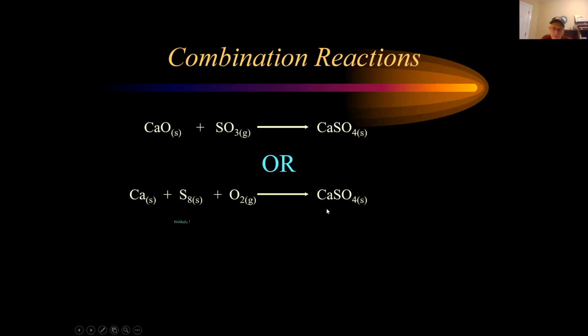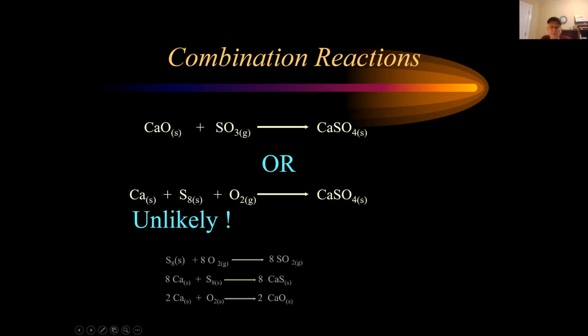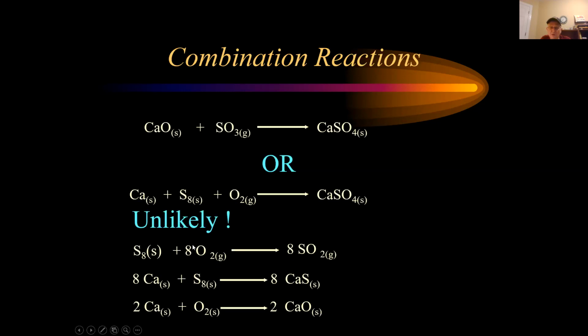Now we can imagine that reaction forming, but it actually will not happen because instead you get all of these reactions with oxygen, which is much more reactive toward these elements than it would be in a combination reaction like that. So what you would get instead of the calcium sulfate, you would get SO2, calcium sulfide, and calcium oxide. These are the compounds that would actually form.